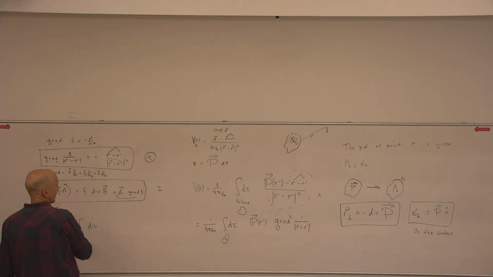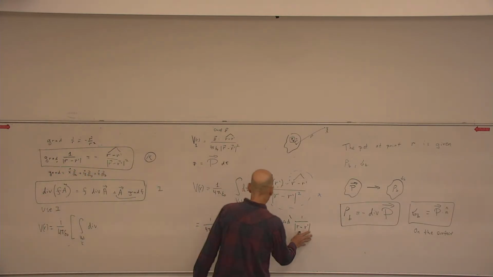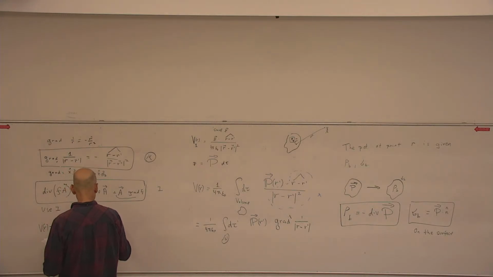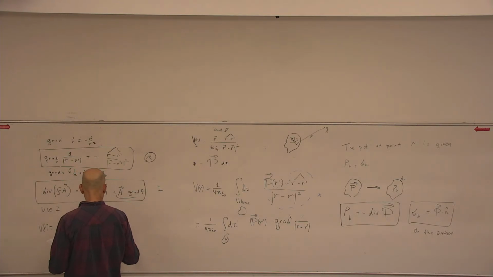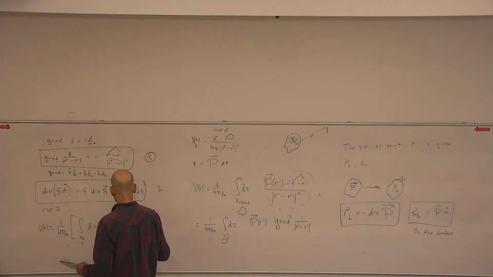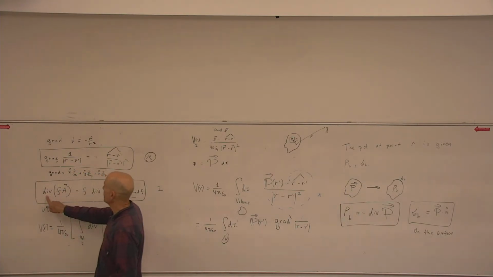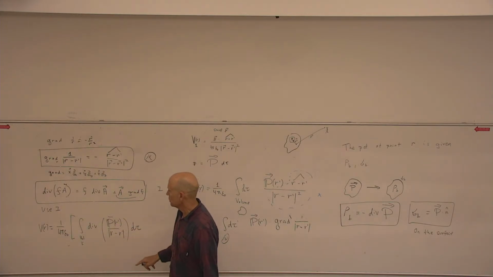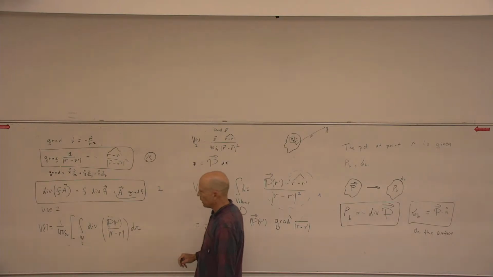So again, F and A are these 2 objects. So div of P of r prime over r minus r prime, d tau. So this comes from this guy. You see div, the multiplication of the functions. Here I multiply the functions. The div is with respect to r prime.